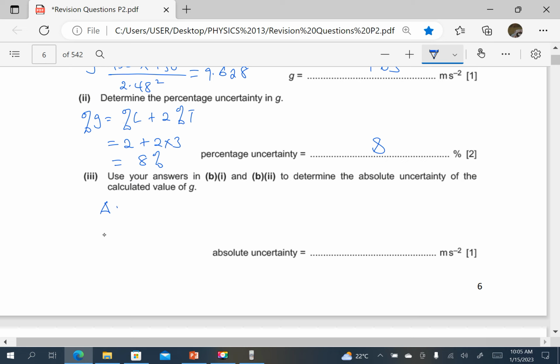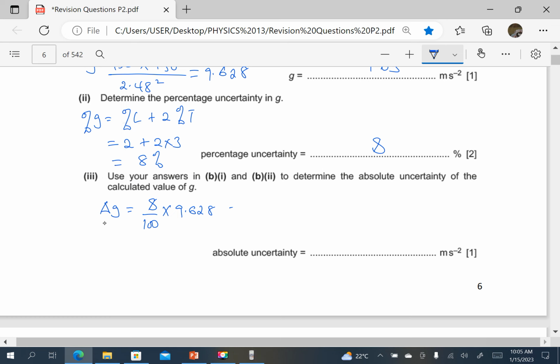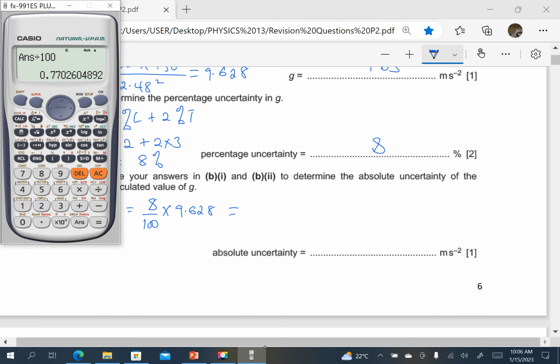So the absolute uncertainty in g is going to be equal to 8 divided by 100 times the value of g that we obtained earlier on, which was 9.628. So I'll just say that value which we have times 8 divided by 100. And this is giving us 0.77.